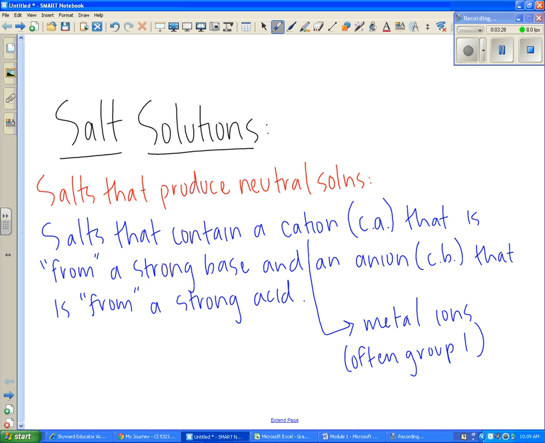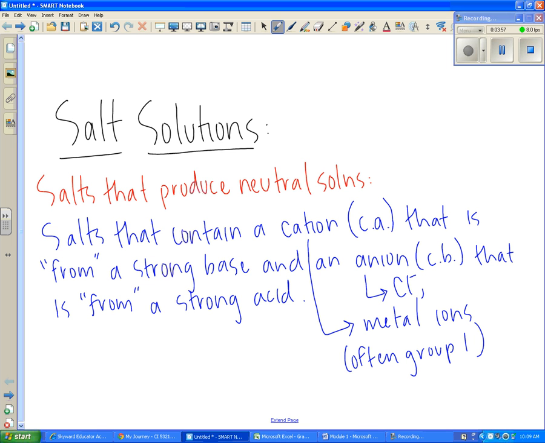What were the 4 strong acids? Hydrochloric, perchloric, sulfuric, and nitric. Okay, so what kind of negative ions are we talking about then? What are the negative ions that are in those 4 acids? What's the negative ion in hydrochloric acid? The chloride ion, Cl minus.